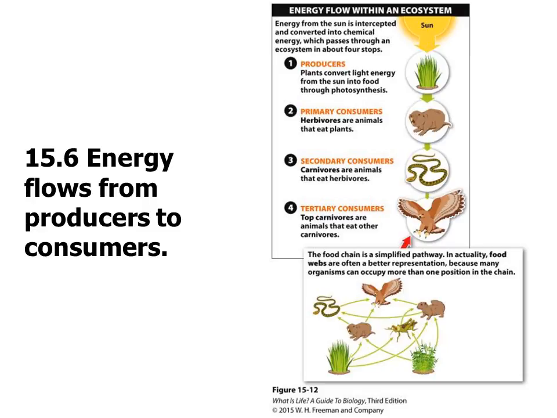The second stop, these are the primary consumers, the herbivores. For example, cattle grazing in a field. Most herbivores are animals that eat plants. They need a little help in digesting the plants they eat. The third stop is secondary consumers, which are carnivores.